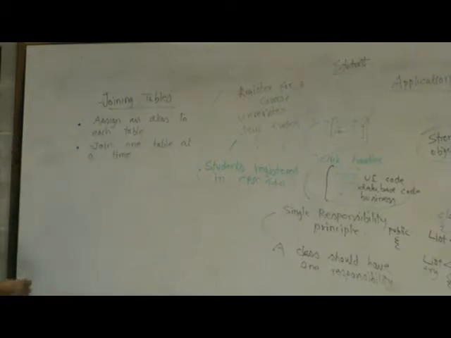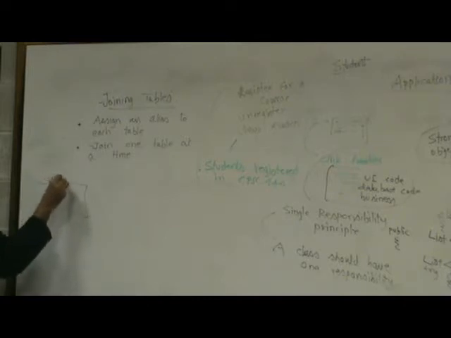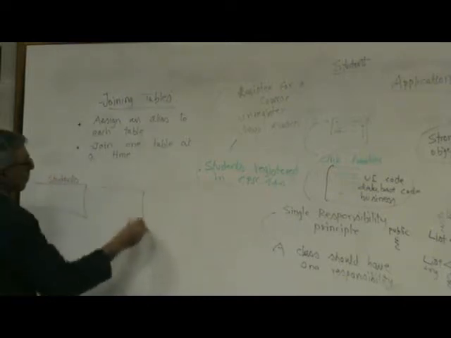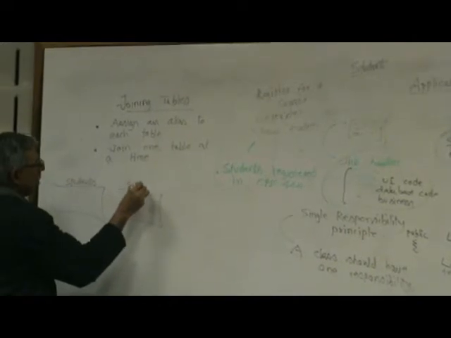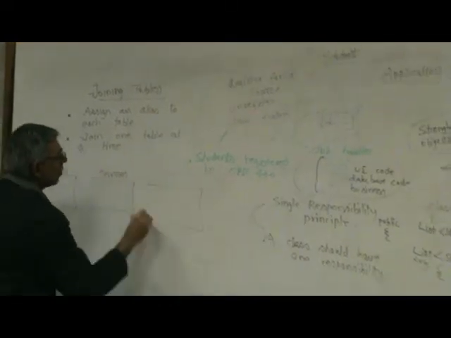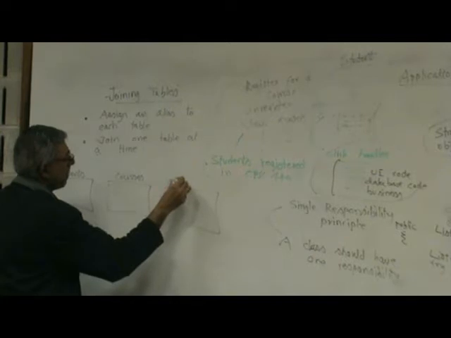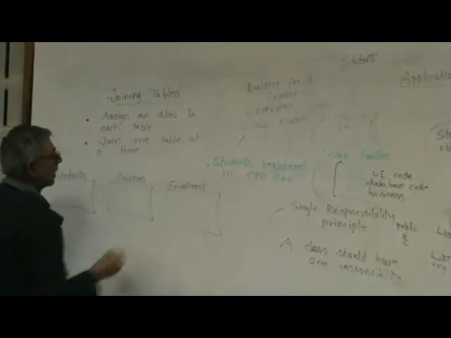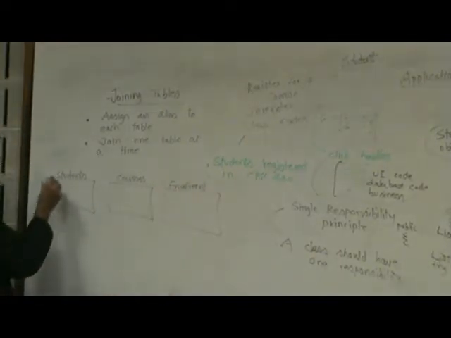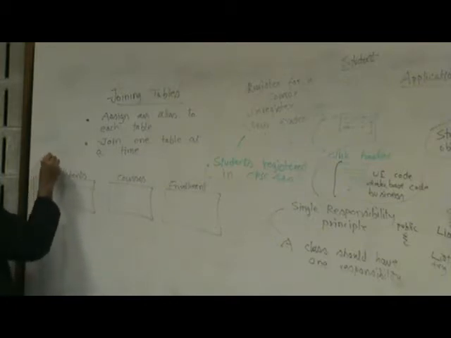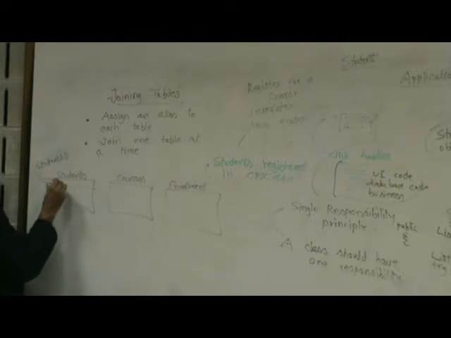So in this case, let's pretend in our database we have students table, we have courses table, and we have enrollment table. Okay, so student, let's pretend, have columns like student ID, first name, last name, and so on.